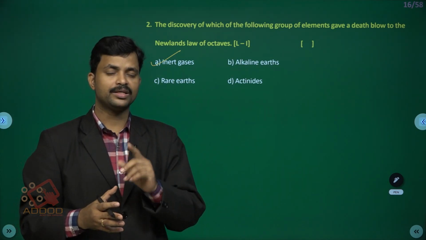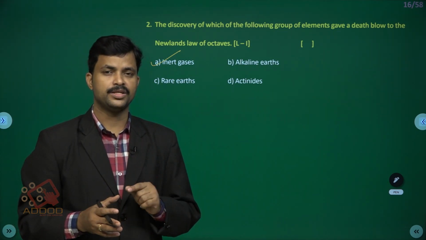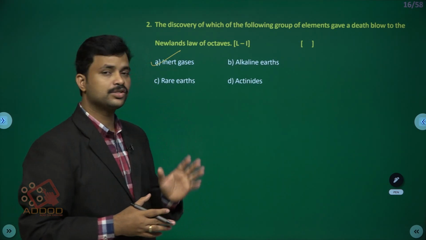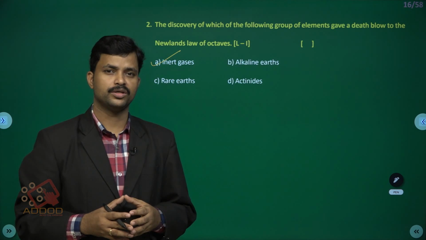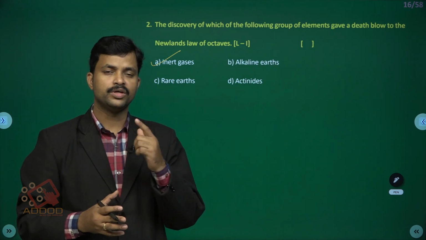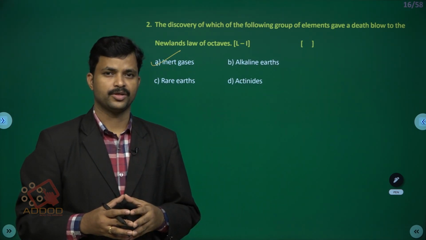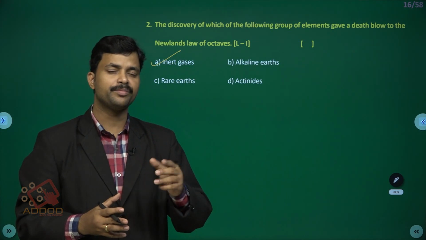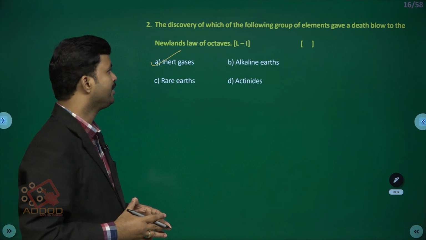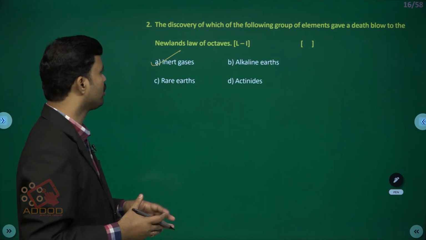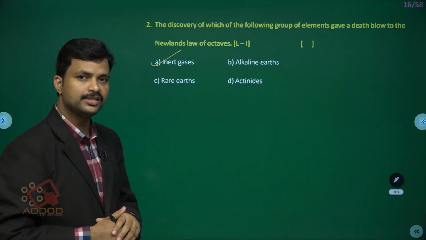He said the first element and eighth element will have similar properties, but when neon and all the zero group elements were discovered, sodium became the ninth element, and magnesium the ninth from beryllium. Newlands' octaves concept was ruled out due to the discovery of inert gases.